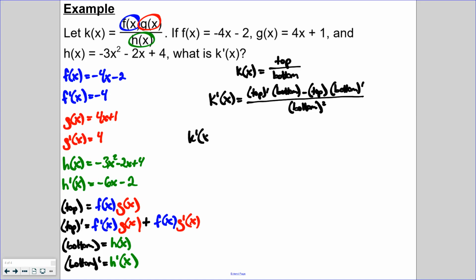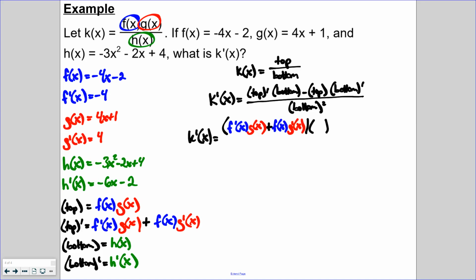All right, now it's time to substitute in. So k prime of x is going to be the top, which is f prime of x times g of x plus f of x times g prime of x.